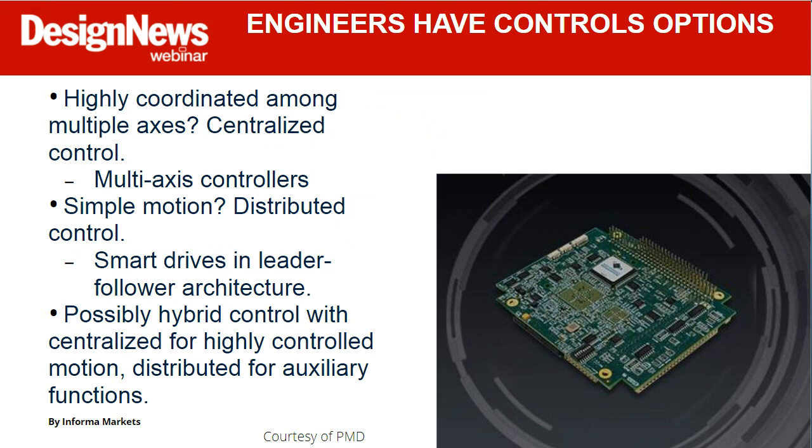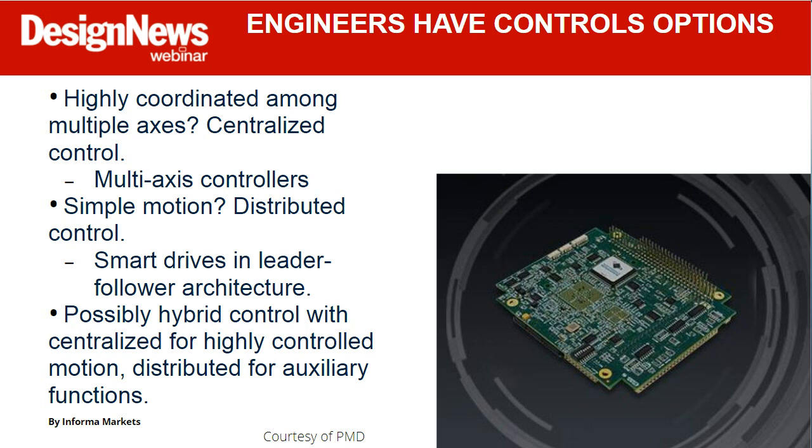And similarly on the control side of things, it's not just distributed control, there are other options out there. We've still got centralized control. I mean, if you're doing a 6-axis surgical robot, you are dealing with kinematics. You've got very highly coordinated motion, so you're going to need to do centralized control. But some of these simpler systems, not necessarily.